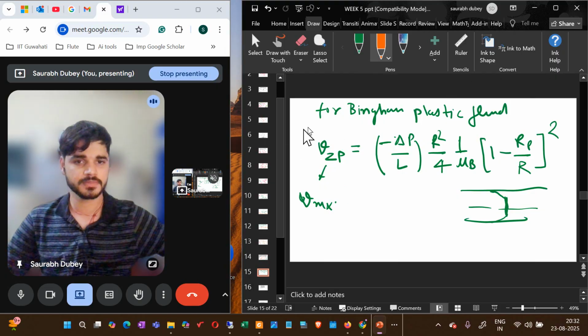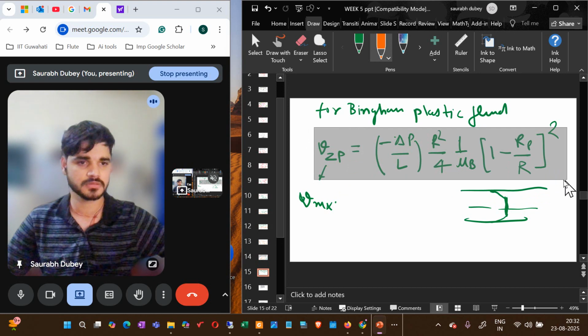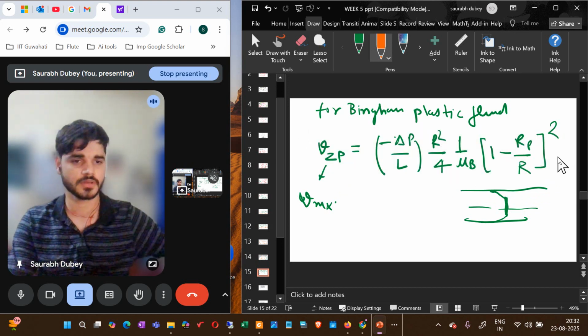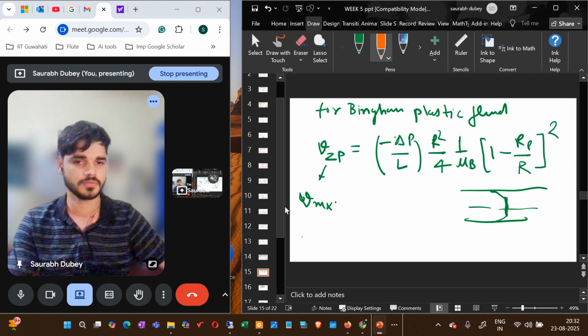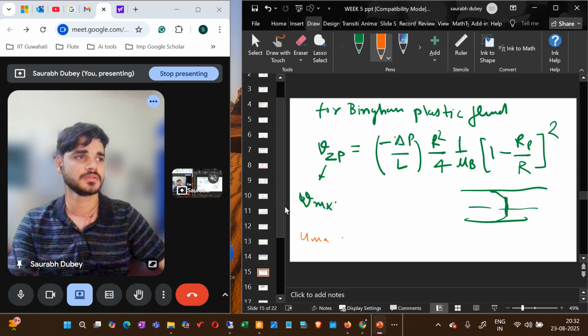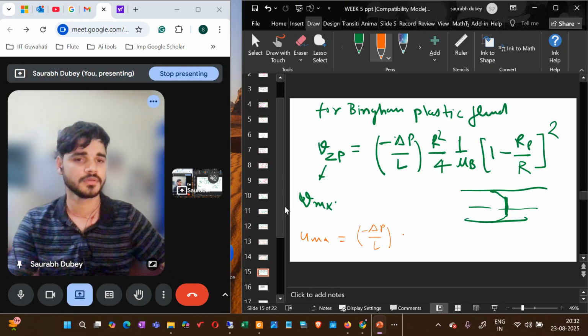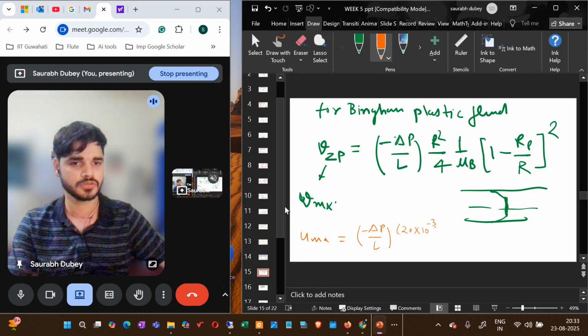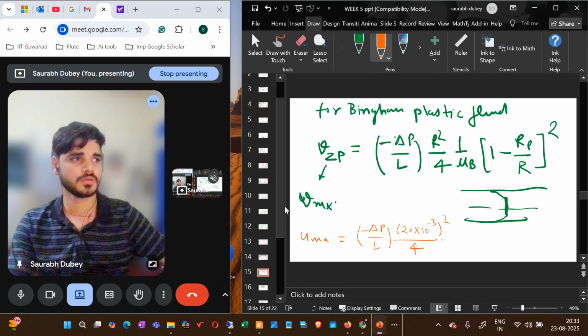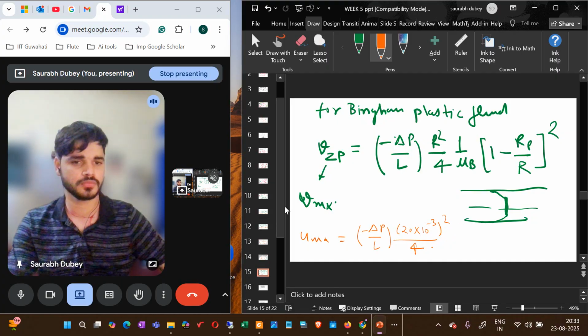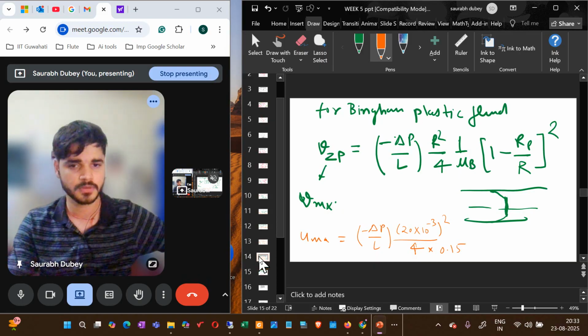So what I'm saying is you just use this expression: U max equals what? Minus delta P by L, R square, meaning 20 into 10 power minus 3 the whole square, divided by 4, right? Into 0.15 is given. What is 0.15?